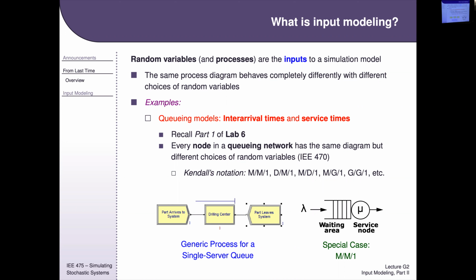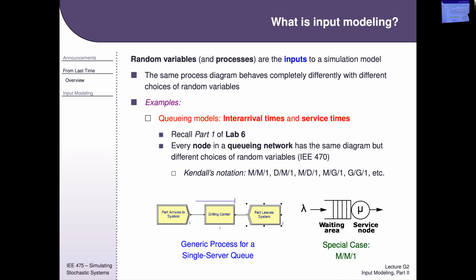Okay, so where we were last time is we are now in this input modeling section. The idea here is that we view inputs to our simulation models. Our simulation models are these things that we draw. The inputs to these models are the random variables and processes that go into the inside of these boxes here.